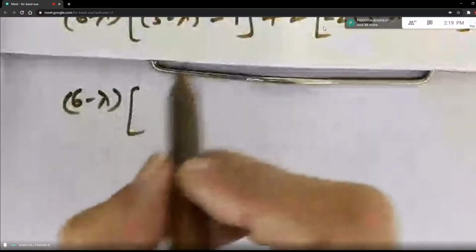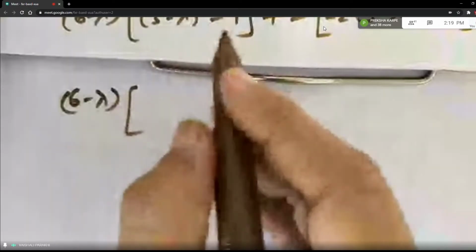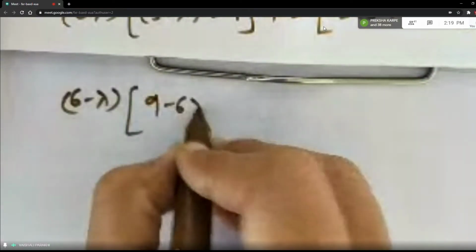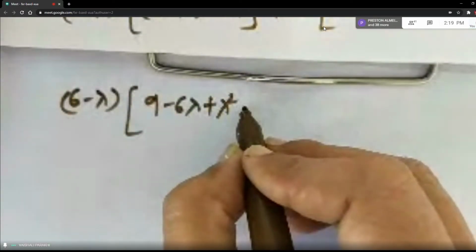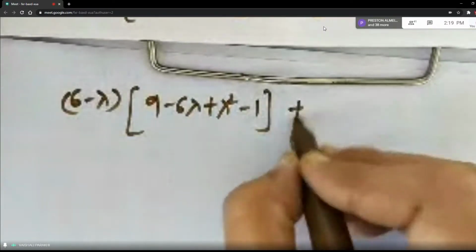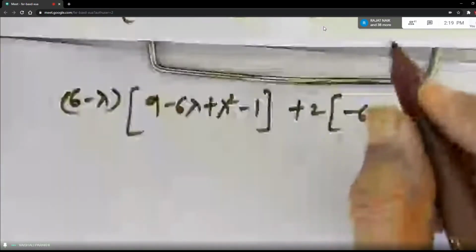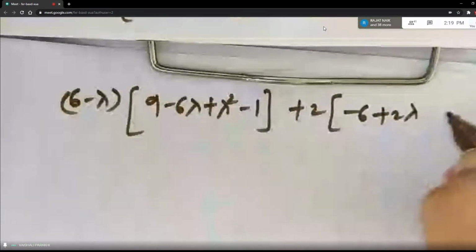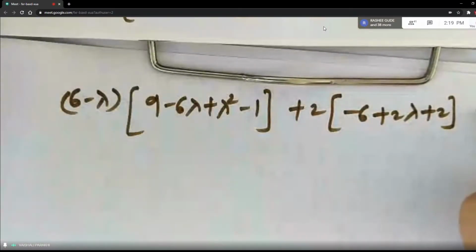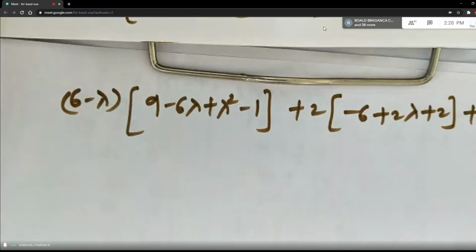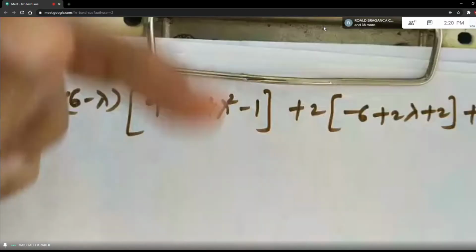Now square this. 3 minus lambda whole square: (a minus b) square is a square minus 2ab plus b square, minus 1, plus 2 into, open this bracket, it is 3 into 6, minus minus will become plus, this is plus 2, then this is plus 2 into 2 minus 3 into 6, minus minus plus 2 lambda is equal to 0. Right, students?